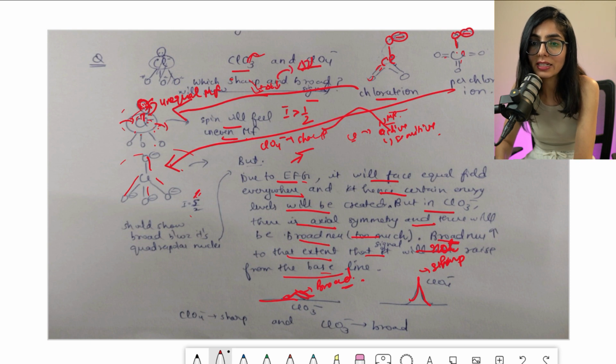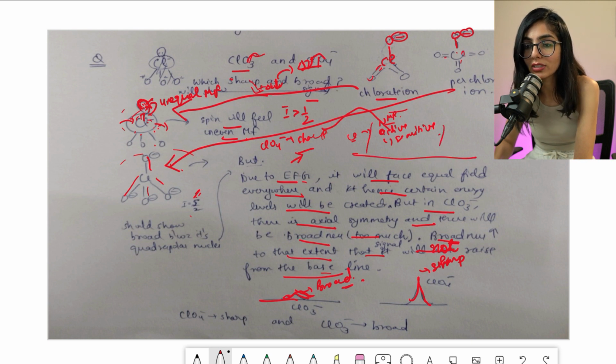So del t is decreasing, so del nu will increase, that means difference in signals will increase, so we'll get broad signals. Fine. So that is the final slide of the basics of organic spectroscopy.